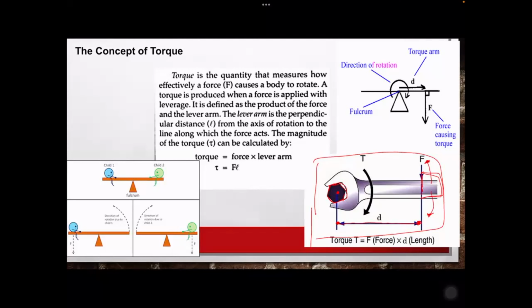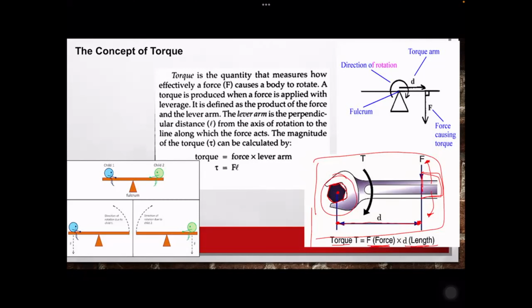Ito ba ay inyong luluwagan o ito ba ay inyong hihigpitan. So, magkakaroon ka ng torque is equal to the force, gano'n kalakas yung force na i-apply mo, times yung length, which is the distance from this point up to yung hawakan mong parte ng liabe, in short.